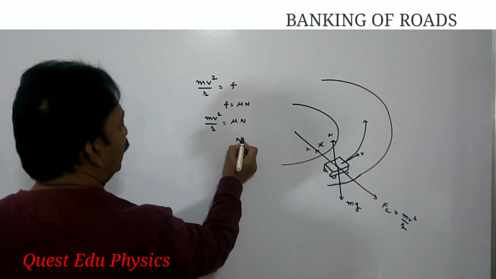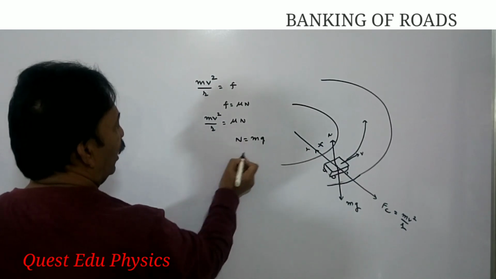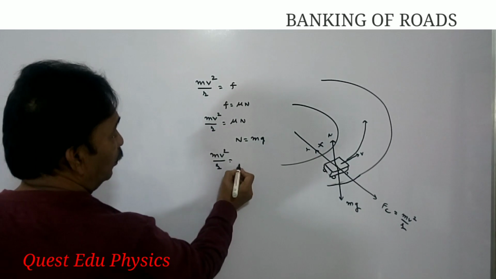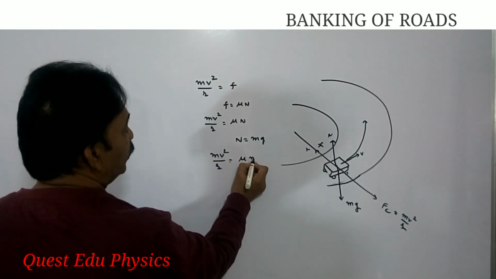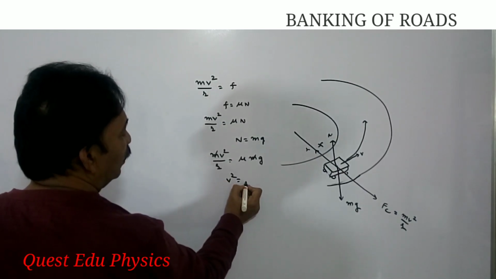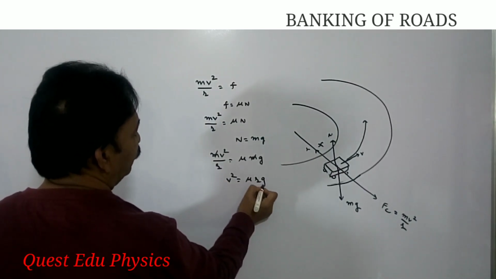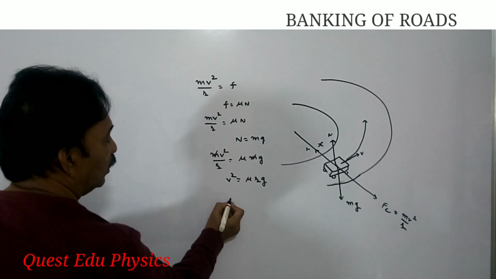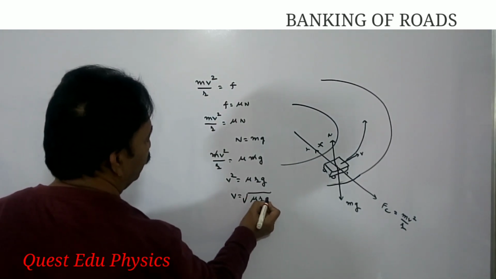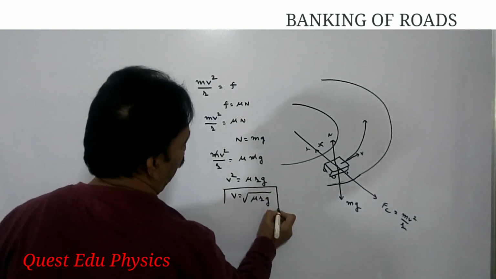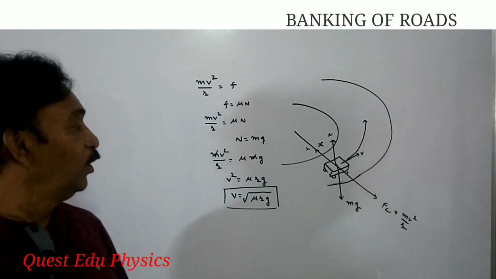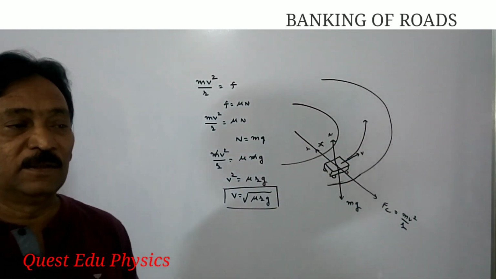Then we get mv square by r is equal to mu mg, where m gets cancelled and v square is equal to mu rg. Okay students, that is v is equal to under root of mu rg. It is the safest velocity of the vehicle to move along the circular path.